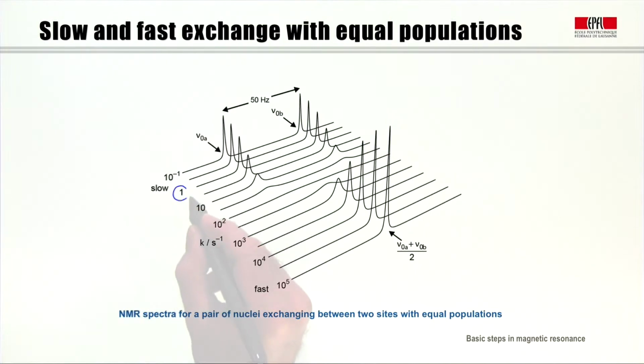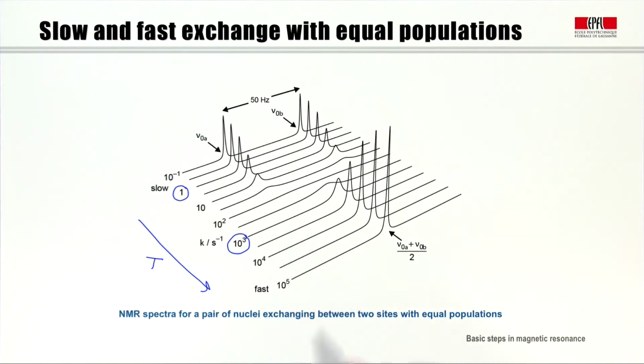For example, this corresponds to 1 jump per second, and this corresponds to 1,000 jumps per second. And of course, we go all the way to 100,000. This corresponds, generally speaking, to an increasing temperature. There are other ways, of course, of changing or affecting the speed of a chemical reaction, but temperature is certainly one way of doing that.